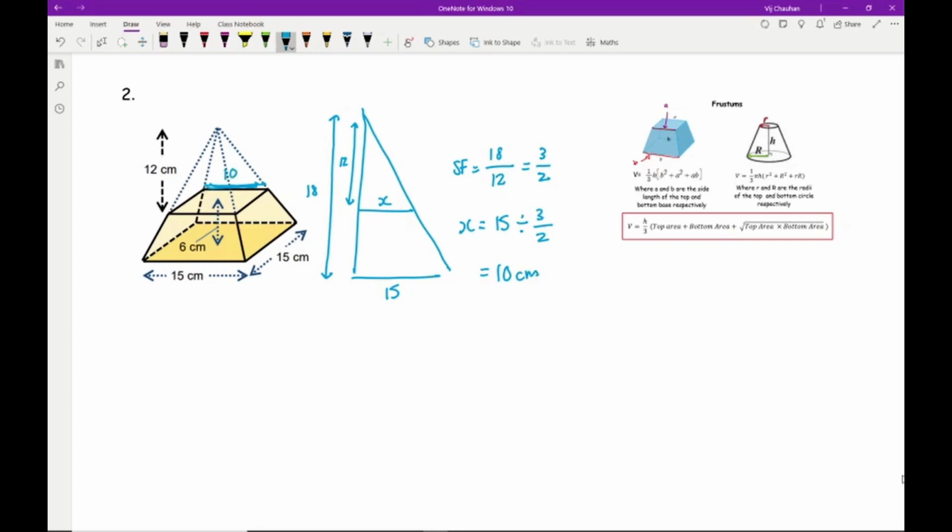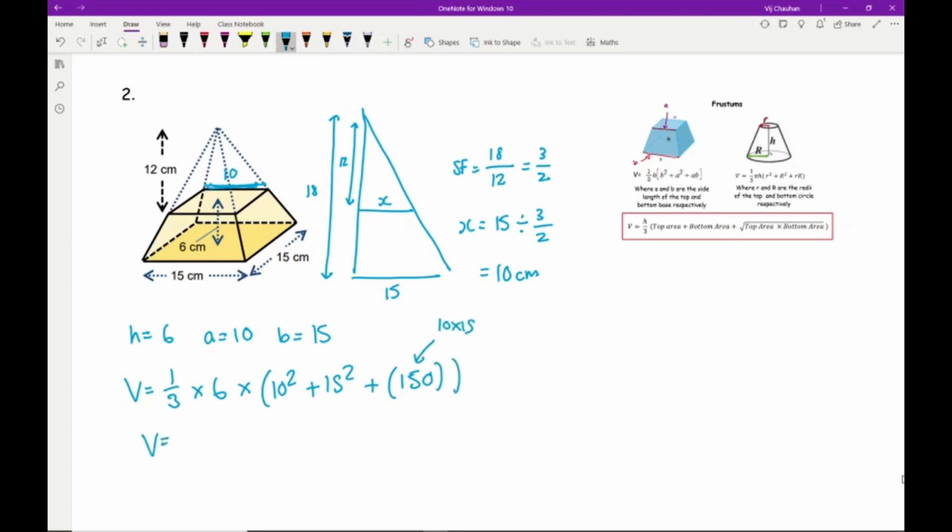So from this I can then use the formula to work this out. So here I've got h equals 6, a equals 10, b equals 15, and again, volume equals a third times h, which is 6, times 10 squared plus 15 squared plus 150, which is basically 10 times 15, close bracket.